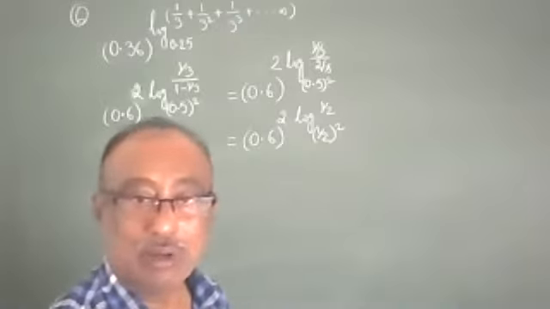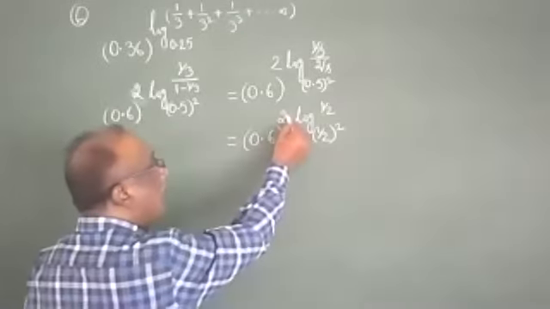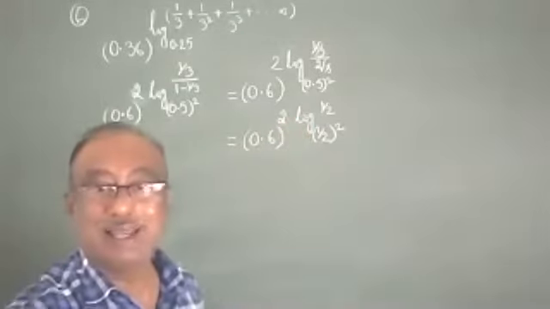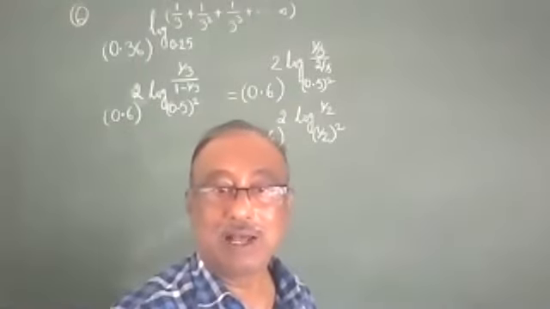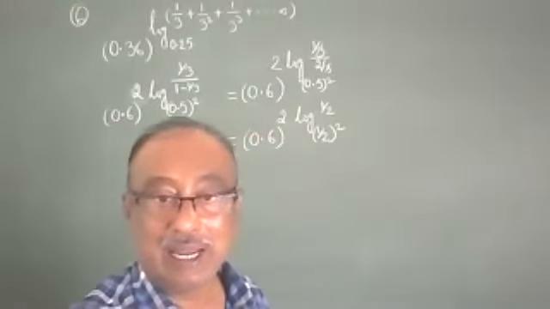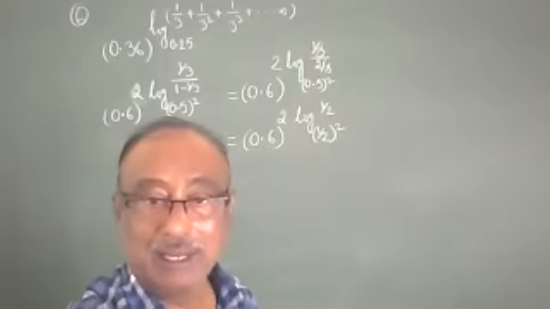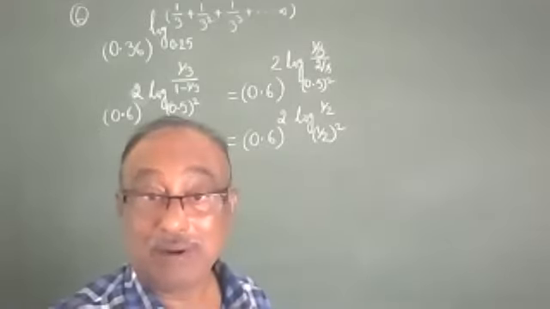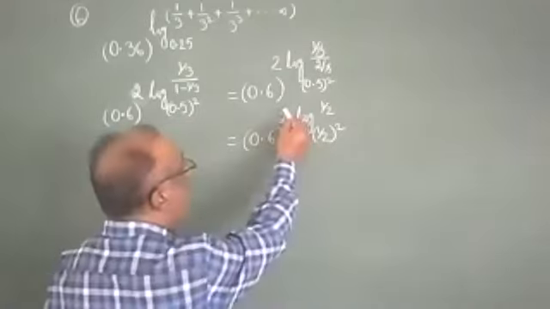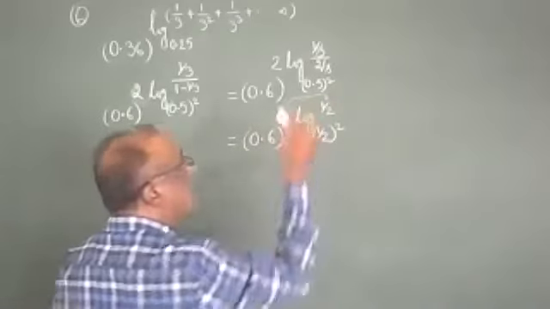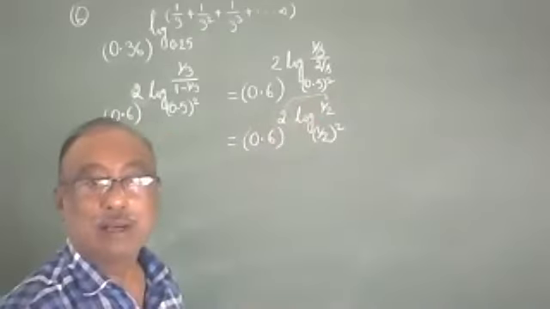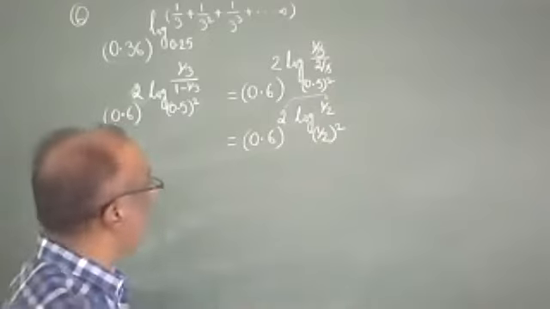It has a square. Any number multiplying the log comes before as the power of the number. 2 will become the power of this number.